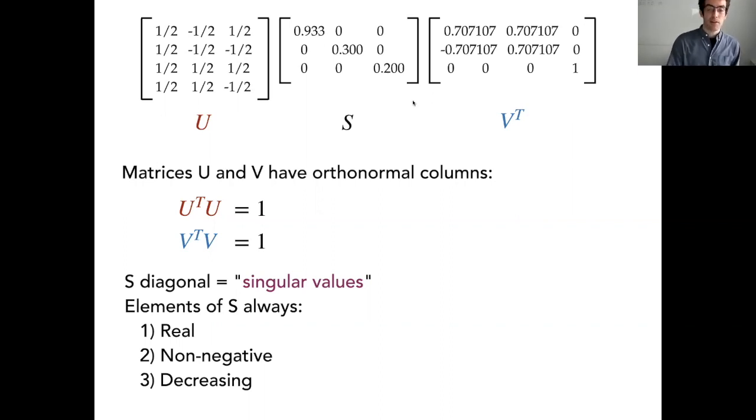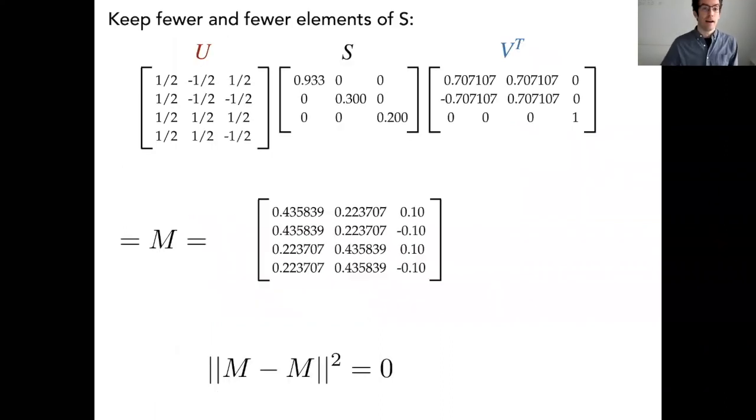That's already pretty remarkable, and it's true no matter how singular M might be, or whether it's complex or anything like that. What's really nice about this is that you can devise a controlled approximation for M by discarding small singular values. You go from the bottom of the diagonal of S and start discarding the singular values one by one, starting from the smallest ones.